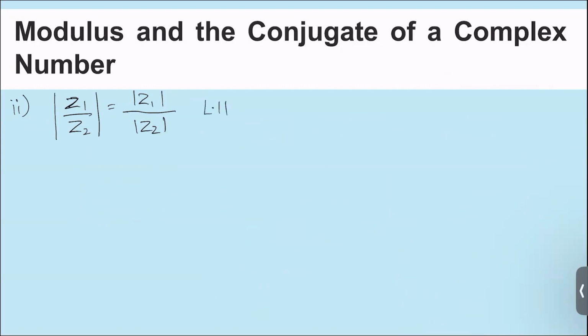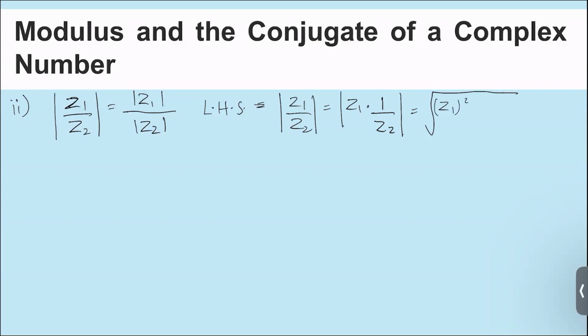So for the LHS, you have z1 by z2. Now, if you remember, we can write the division of two complex numbers as z1 times 1 upon z2. Now, if you take the entire thing under the square root, you have z1 squared multiplied by 1 upon z2 squared.